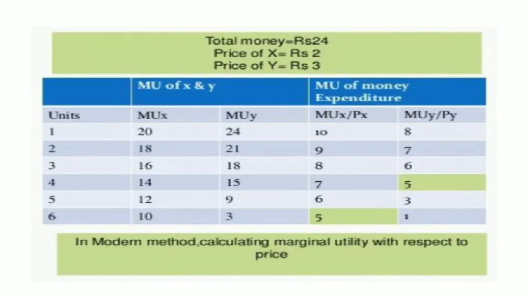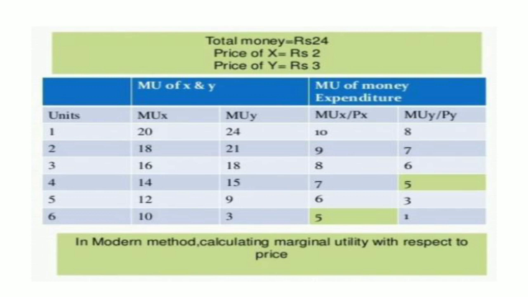Here we have a total money of Rs 24, the price of X is Rs 2, and the price of Y is Rs 3. There are units 1, 2, 3, 4, 5, and 6.